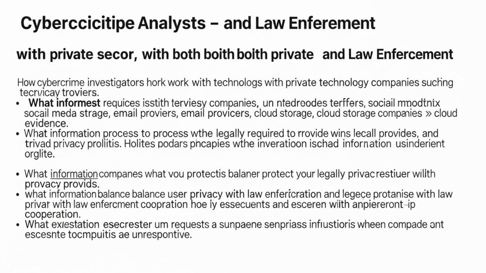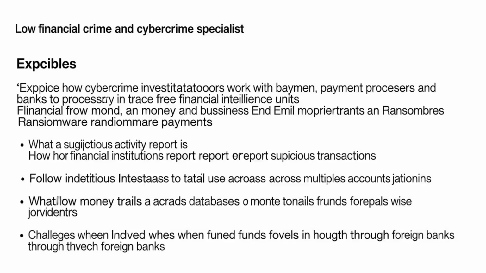In the United States, the primary agencies involved in cybercrime investigation are the FBI's Cyber Division, the Secret Service's Cyber Intelligence Section, the Cybersecurity and Infrastructure Security Agency, known as CISA, and the Department of Justice's Computer Crime and Intellectual Property Section. Internationally, Interpol runs dedicated cybercrime operations, and Europol's European Cybercrime Center coordinates investigations across European Union member states.